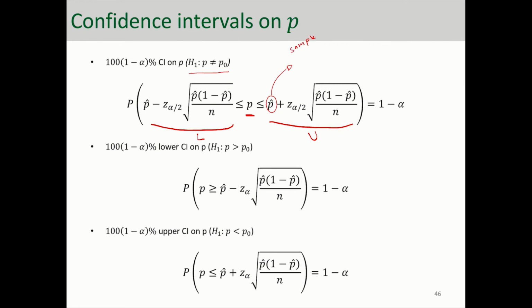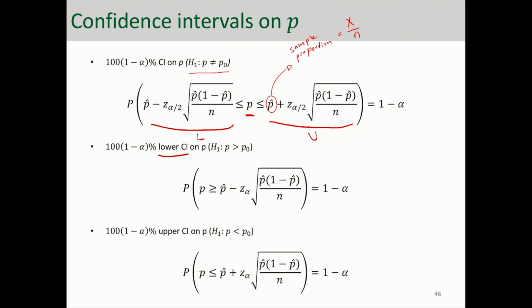Just to remind you, it's equal to x divided by n, number of successes divided by sample size. And you know the sample size, and you calculate the lower limit and upper limit.